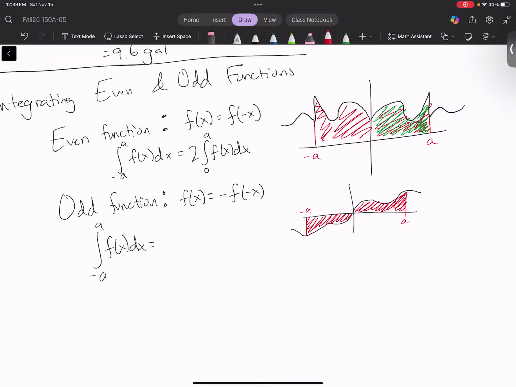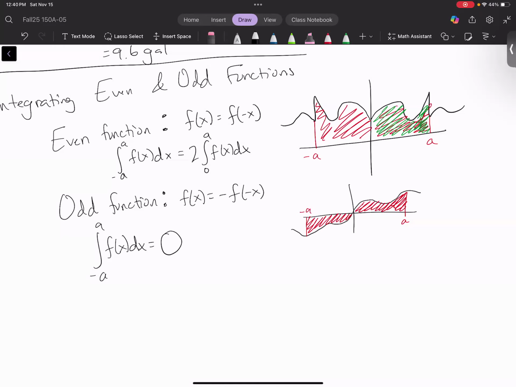That left side has a negative sign attached to it because it's below the x-axis. The right-hand side has a positive sign attached to it because it's above the x-axis. So they have the same areas, but one is negative, one is positive. So we get a big fat zero. They cancel each other out.